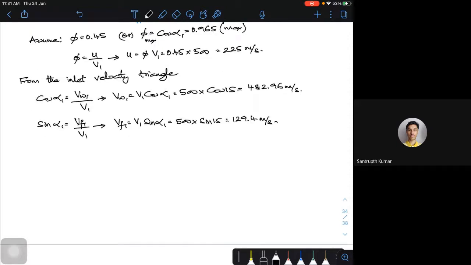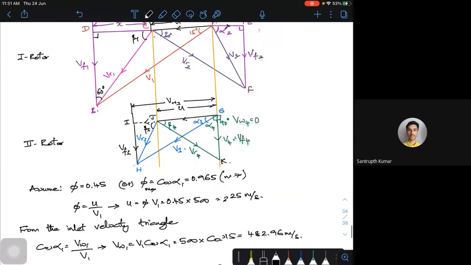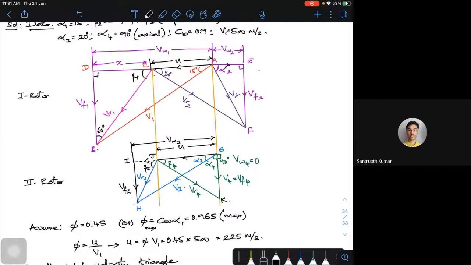Now I need to find VR1, VR2 and all. Let us consider the inlet velocity triangle and apply the cosine rule.